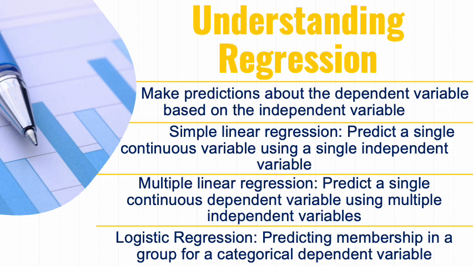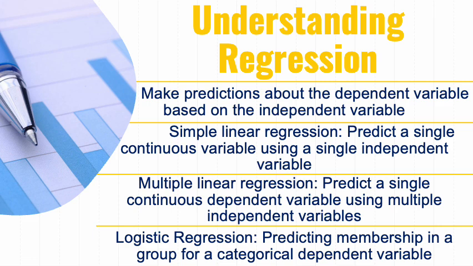In summary, regression analysis builds on results from correlation analysis to create predictions about the variance in a dependent variable that is accounted for by the independent variable or variables. Simple linear regression is used when we need to predict a single continuous dependent variable using a single continuous independent variable.